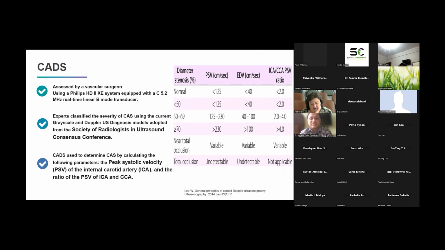According to the diameter stenosis, these are normal; those less than 50% are categorized as mild, 50 to 69% moderate, and 70% or more is categorized as severe carotid artery stenosis, whereas near total occlusion and total occlusion are also categorized by them.